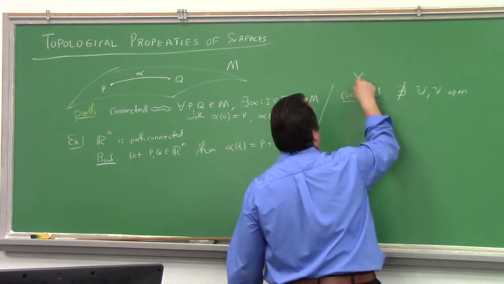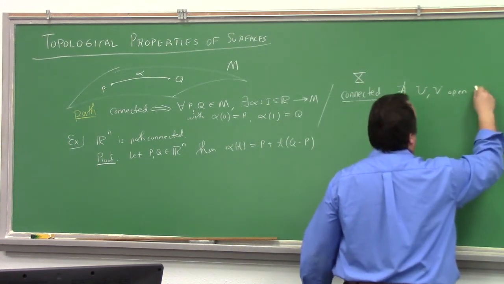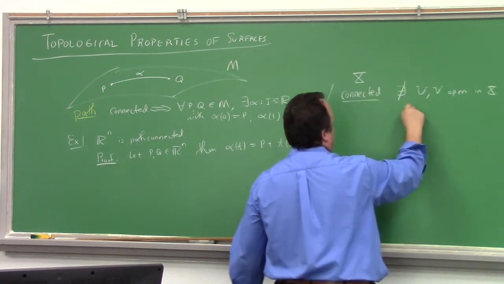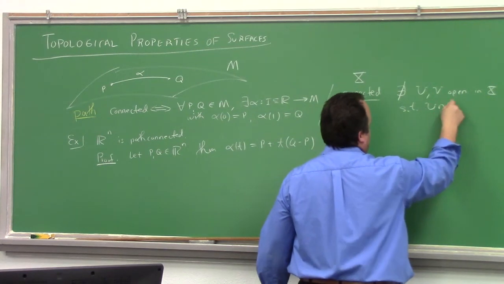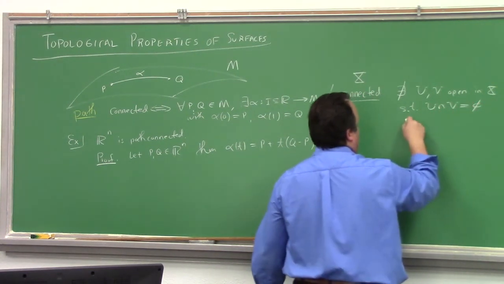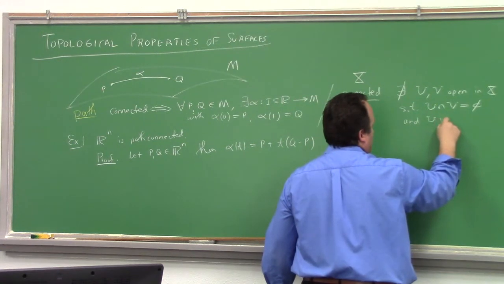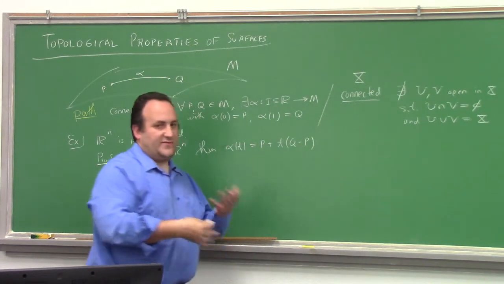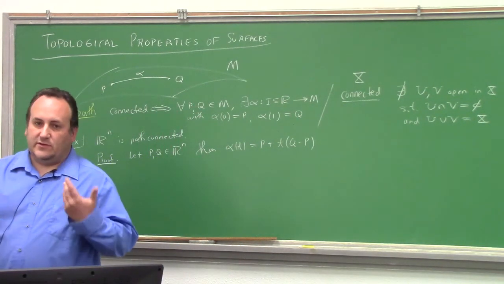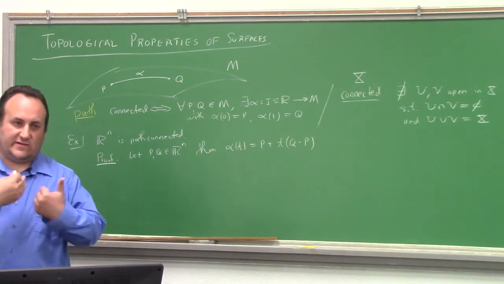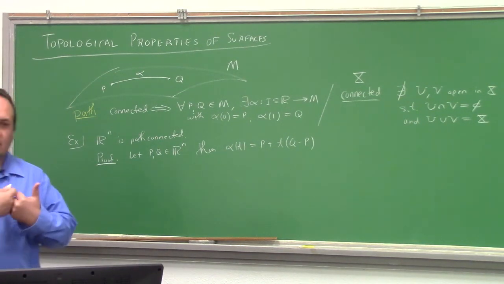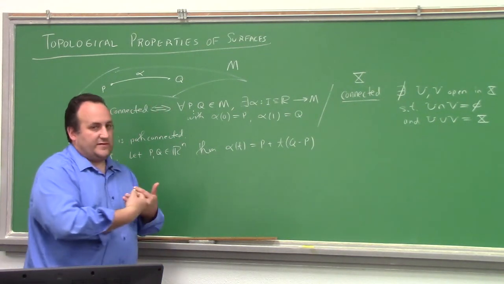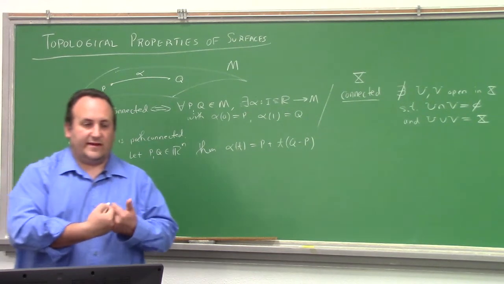So let's say X is connected if there are no U and V open in X such that U intersect V is empty, and U union V equals X. A pair of open sets for which the union is the whole space and yet their intersection is empty is called a separation of a space. So another way of stating this definition is that a topological space is connected if it doesn't have a separation.